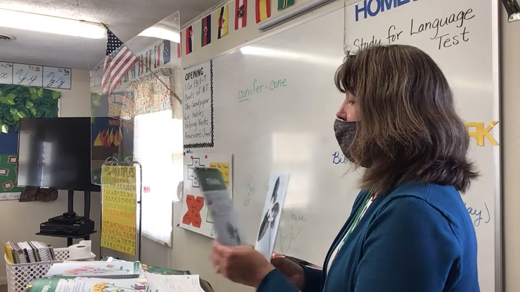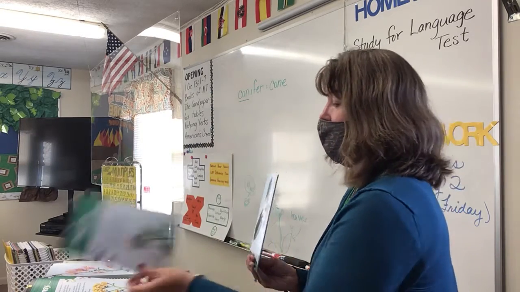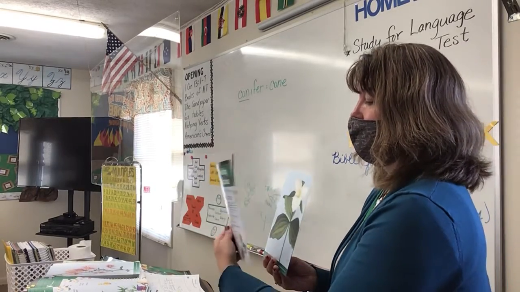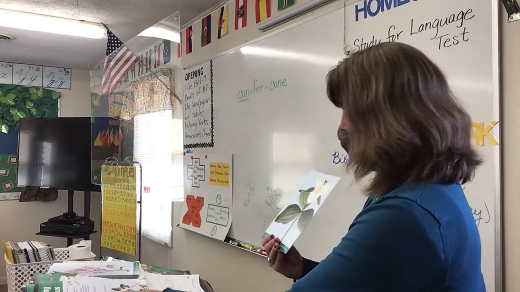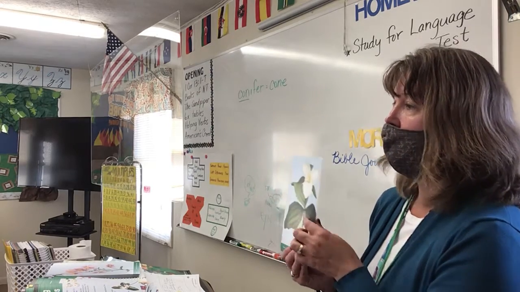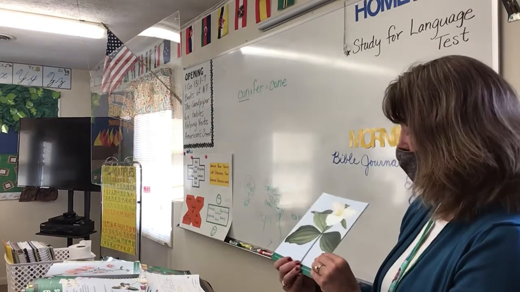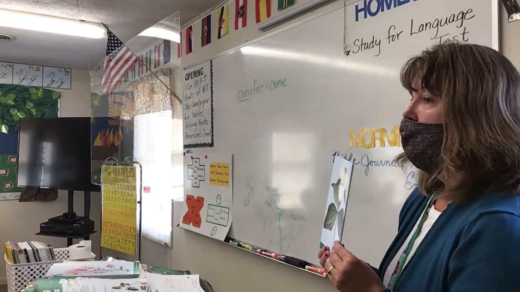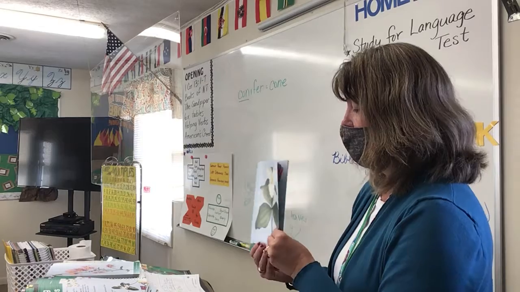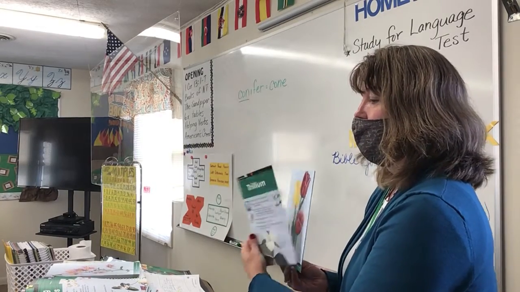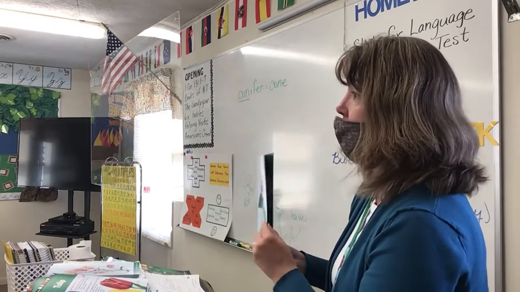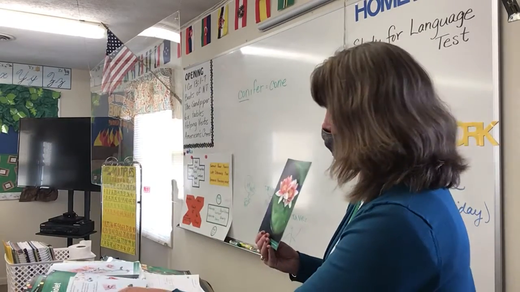No, this is a thistle. Yeah. Trailing arbutus. Oh, we don't. Micah, you have one of these for art. It has 3 petals. Trillium. Very good, Mason. Because tri is 3. Violet.